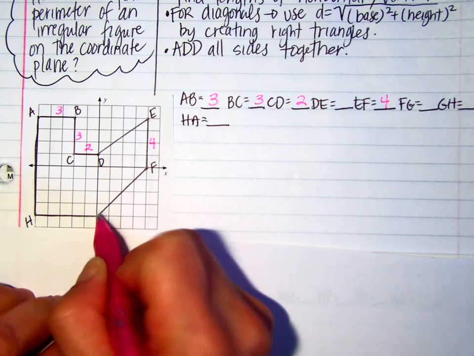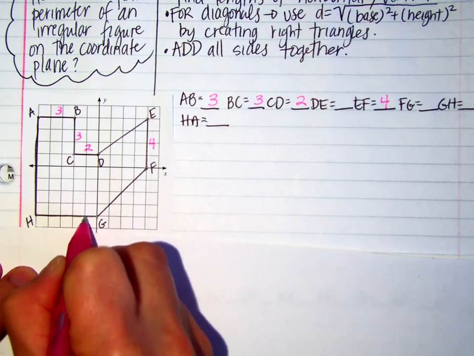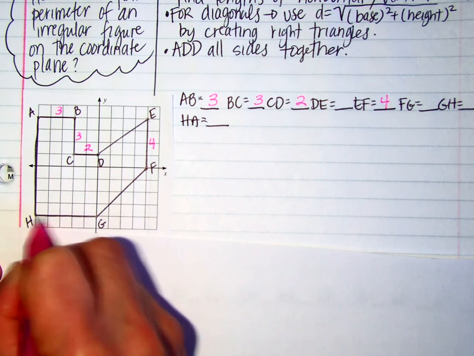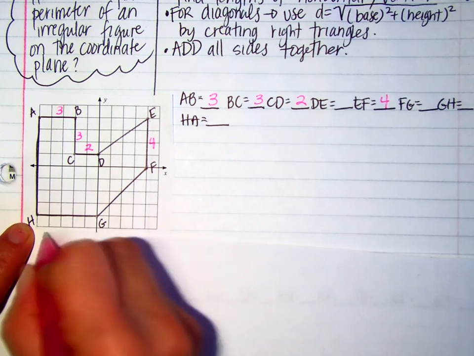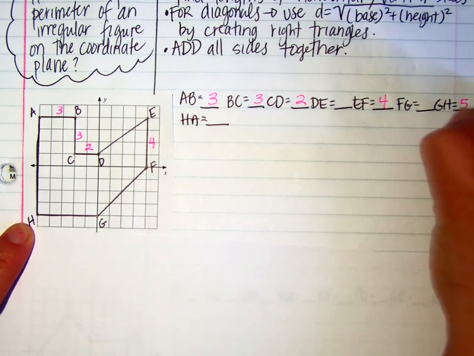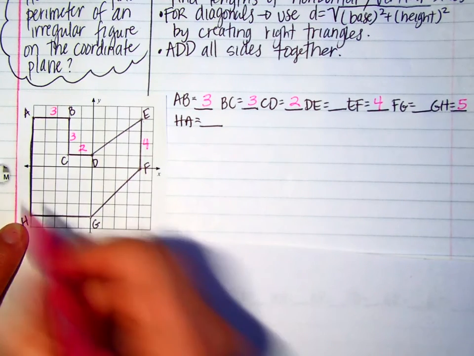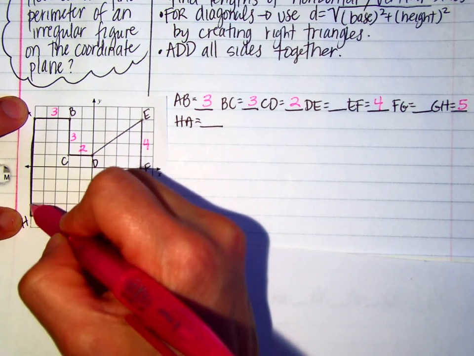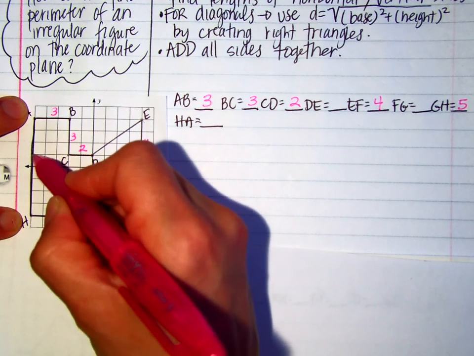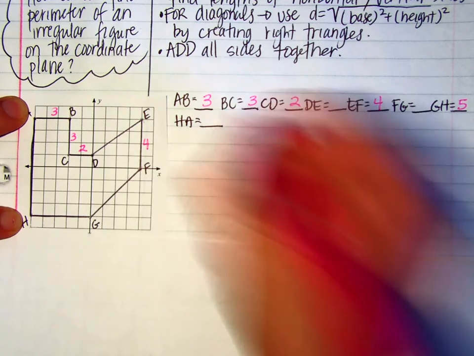GH, we're going to count the units. 1, 2, 3, 4, 5. So make sure to write it in the right spot. This is GH, 5. And HA is a beautiful vertical piece, so we're going to count it. 1, 2, 3, 4, 5, 6, 7, 8.